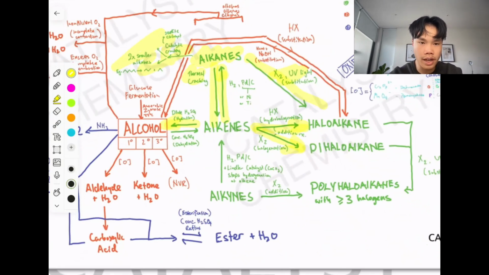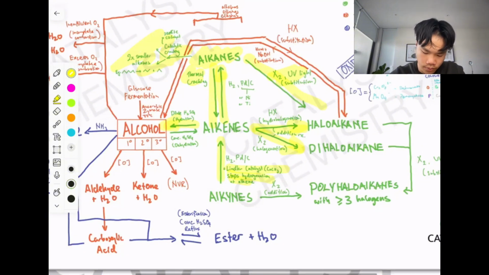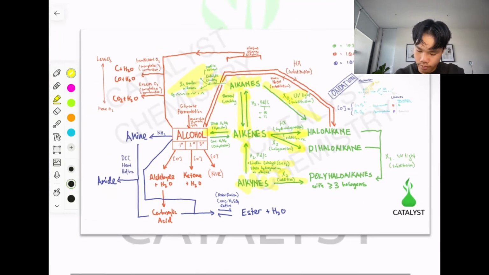If you want to stop at an alkene, you have to use Lindlar catalyst, which actually contains Pd on C. So if you said H2 and Lindlar catalyst, that implies you have the palladium on carbon in there already. That allows you to form alkenes. And if you were to hydrohalogenate or halogenate an alkyne, you would make polyhaloalkanes along the way.